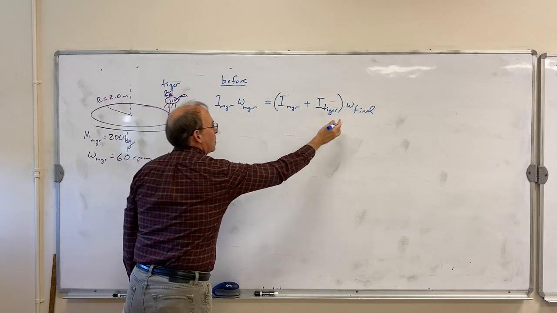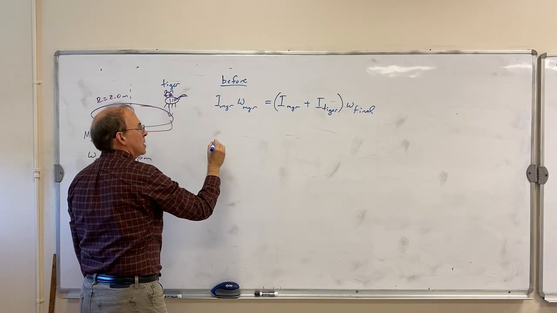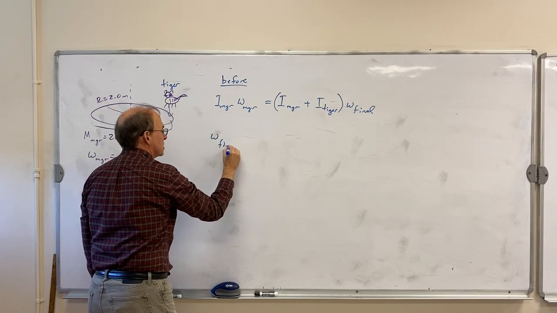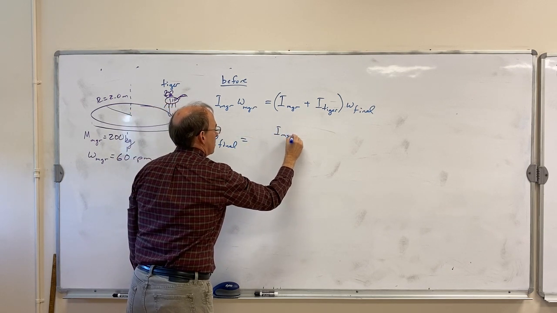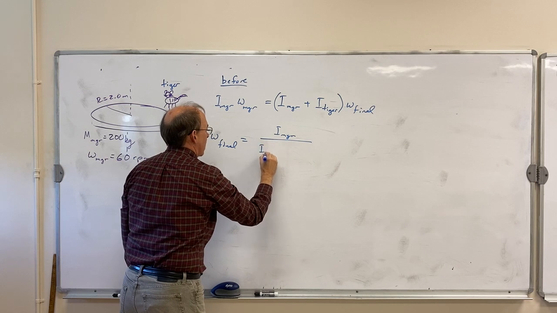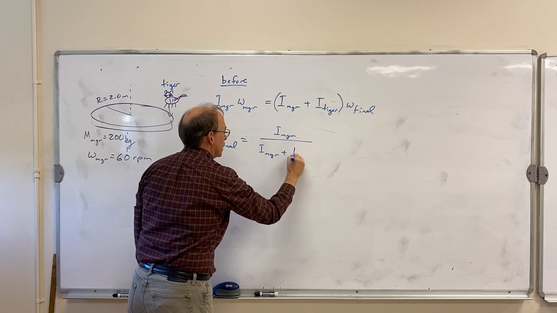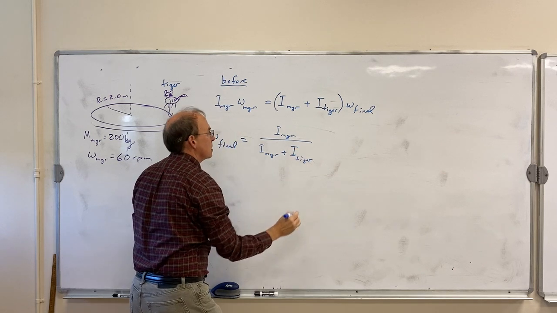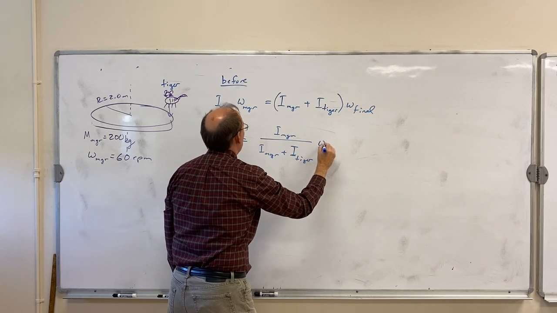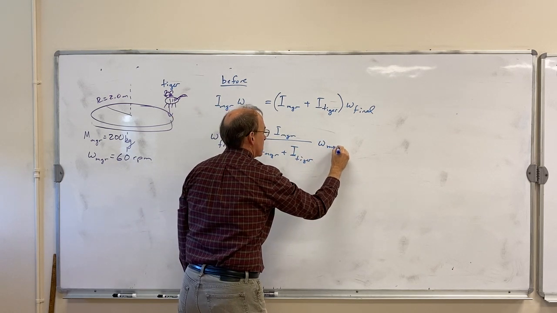Get it? So what we want to know is omega final. Omega final is just I of the merry-go-round before, over I of the merry-go-round plus I of the tiger, times omega of the merry-go-round.